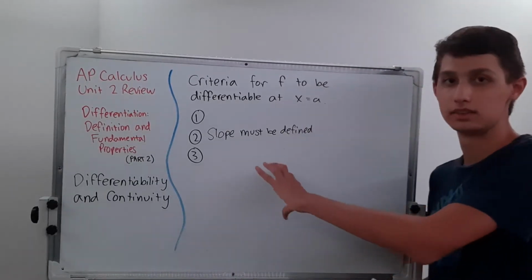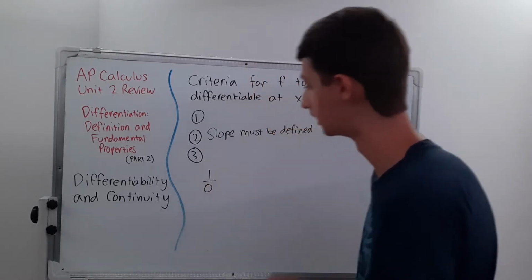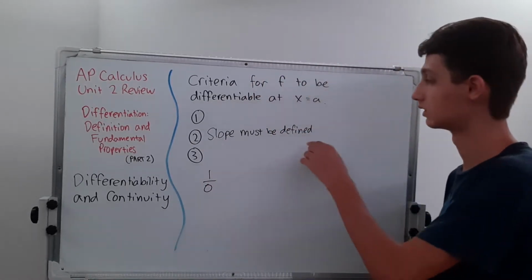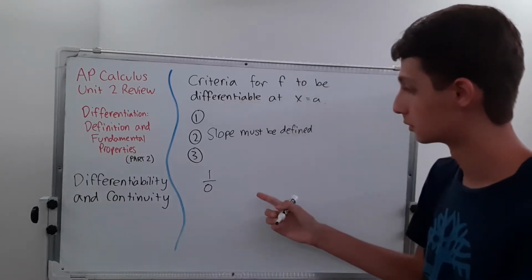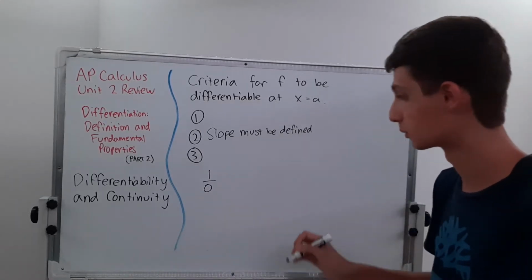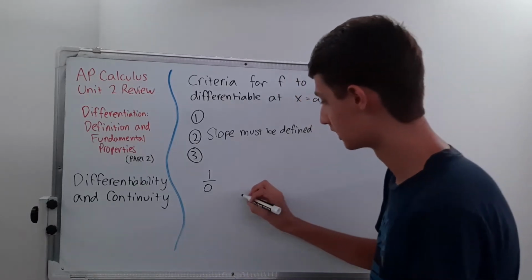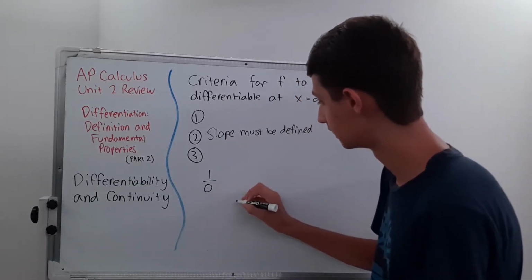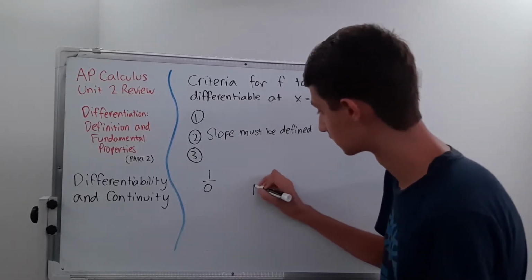What this does is it rules out things like if your slope was 1 over 0. This is undefined, so you're not going to have a slope. What does that look like? I'm not going to draw the xy axis, I'm just going to draw it. 1 over 0 just means it's a vertical line.